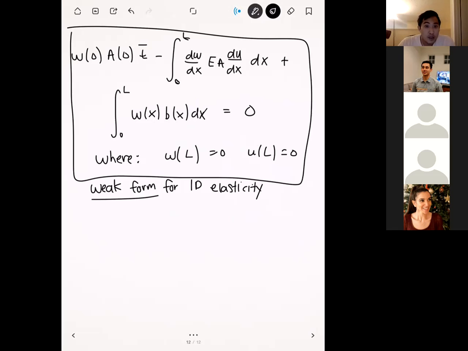Let's give our W function a name at this point, because we've just been calling it random function, arbitrary function. Let's put some respect on W of x, because it's actually going to help us out. The formal name for it is a weighting function, or weight function.